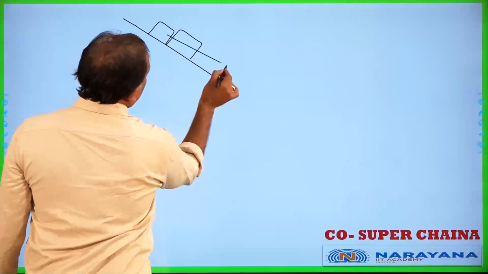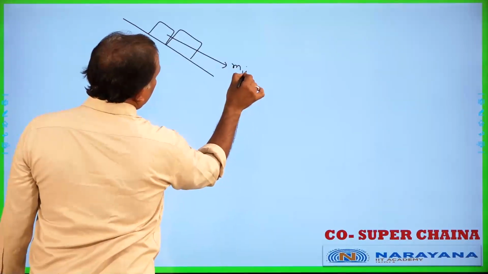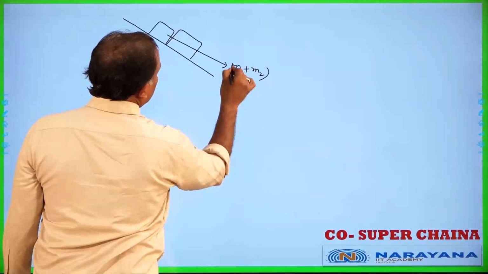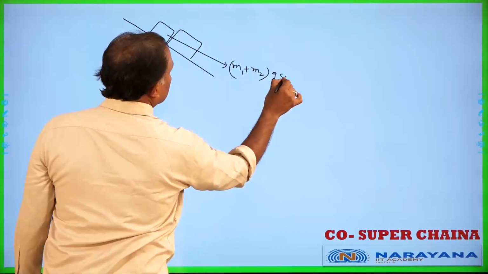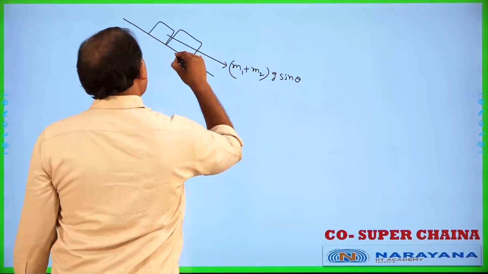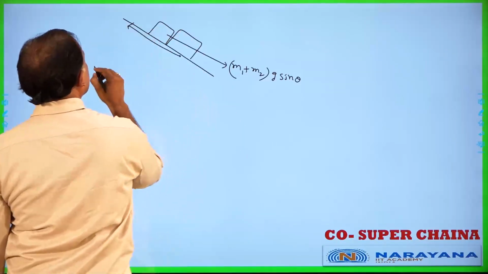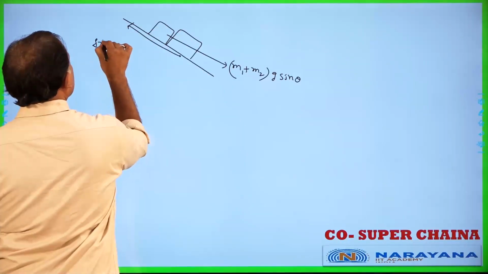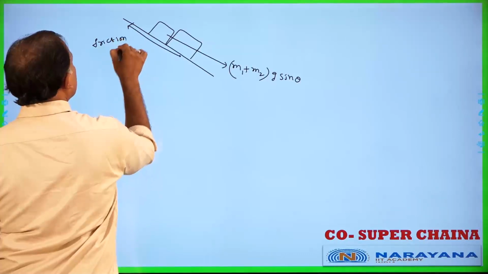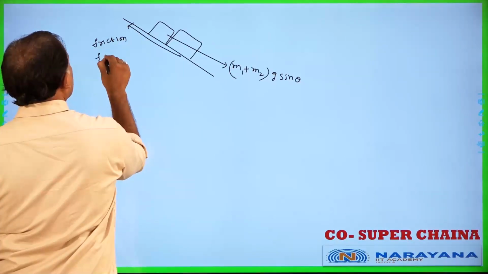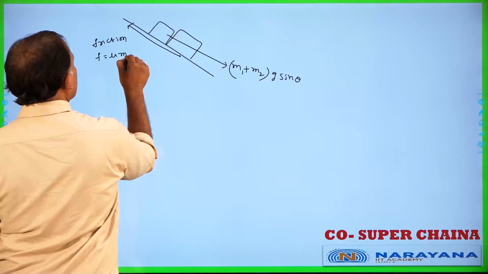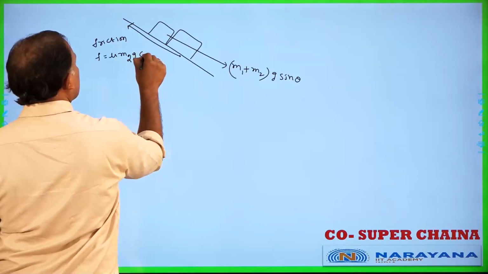So here this is (M1 plus M2) g sin theta this side. And here friction, only the bottom block is experiencing the friction. So that friction F is equal to mu M2 g cos theta.